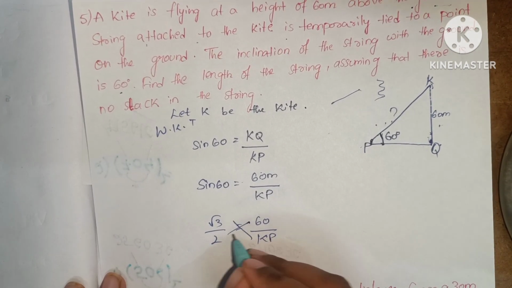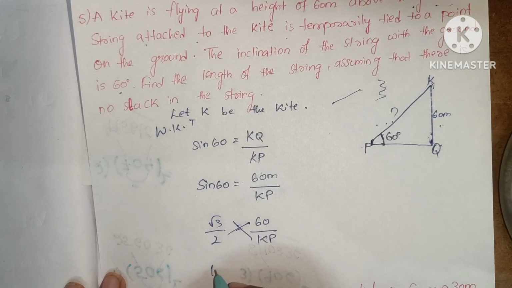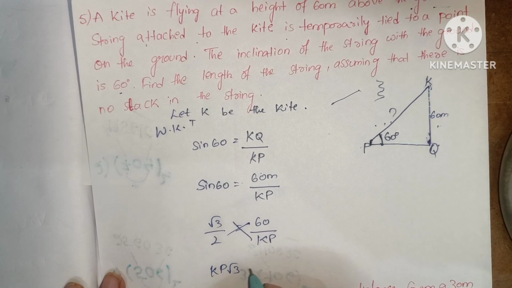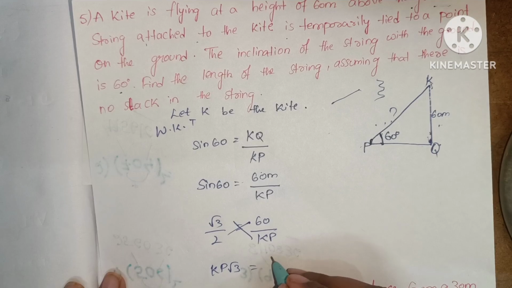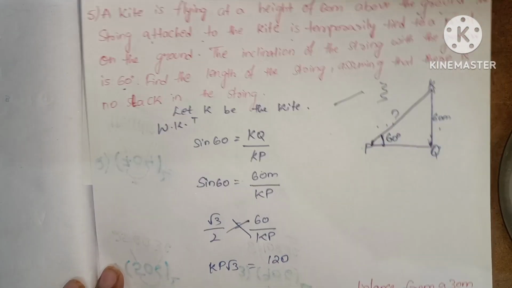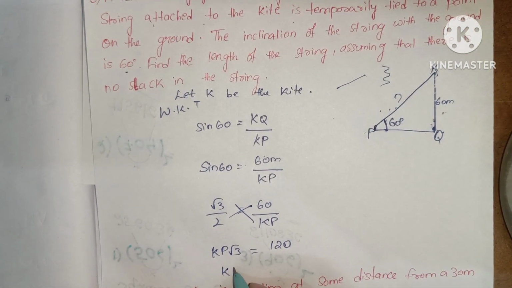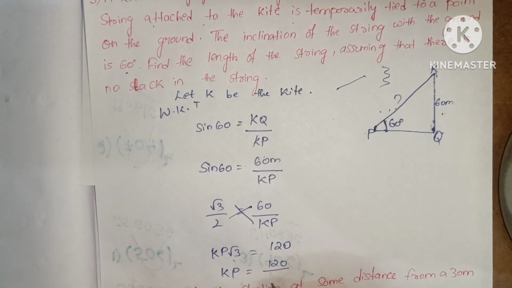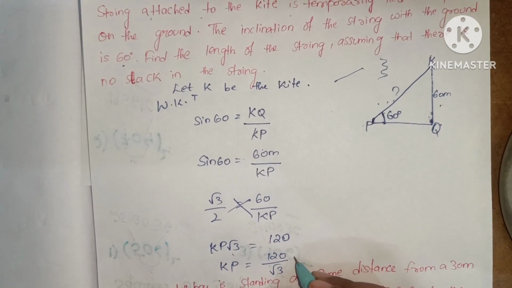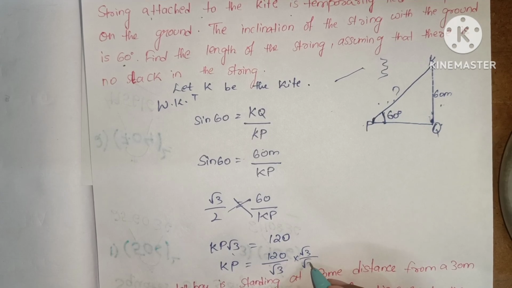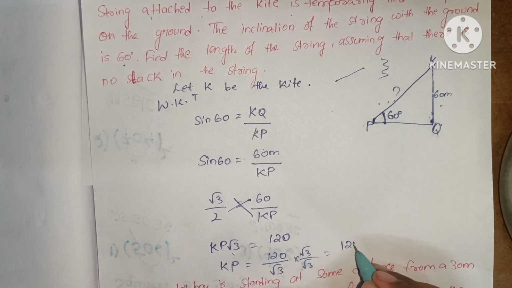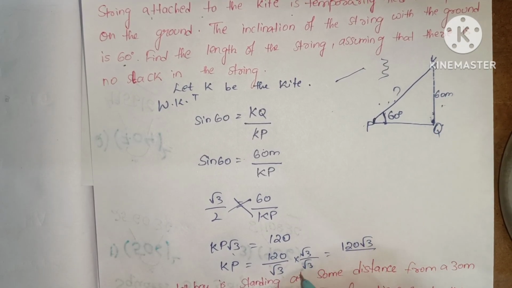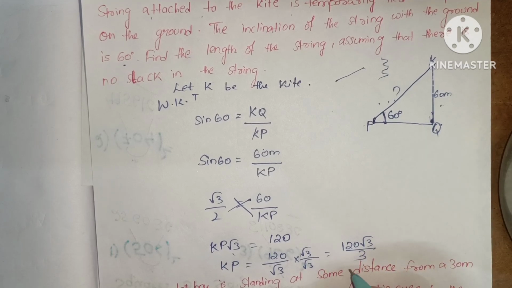Now what will you do? Cross multiplication. That means KP root 3 equals 2 into 60, which means 120. So you want KP. KP equals, if you transpose root 3 to this side, you will get 120 by root 3. So here I am rationalizing this root 3. Then what will you get? 120 root 3 by root 3 into root 3, which is 3.